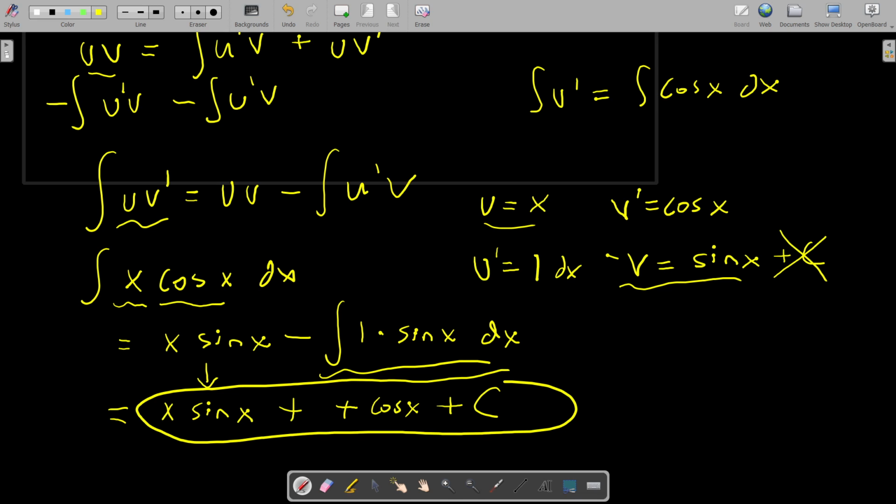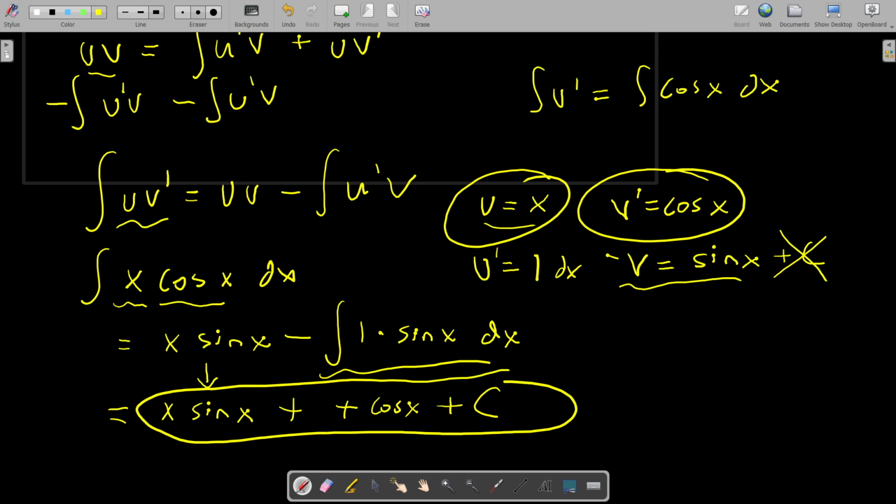So you can see how that process of integration by parts allowed us to integrate this thing that we didn't know how to integrate before. The tricky part, I think the hard part for people, is figuring out which part is going to be u and which part is going to be v prime.